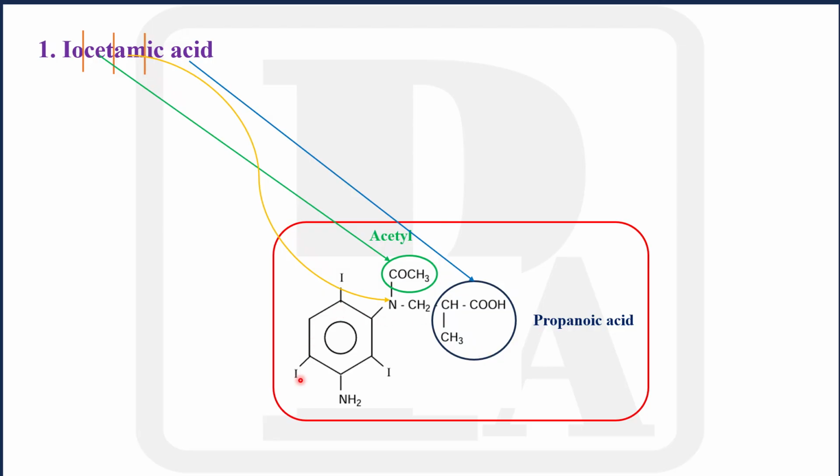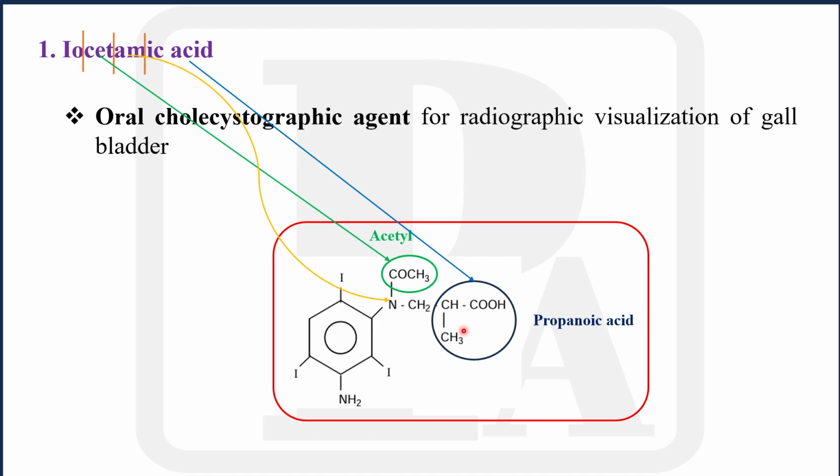So io for iodine, cit for acetyl, am for this amine, and ic acid for propanoic acid. This is used as an oral cholecystographic agent for radiographic visualization of the gallbladder. So what is the use of iositamic acid? Mainly used to diagnose the gallbladder.